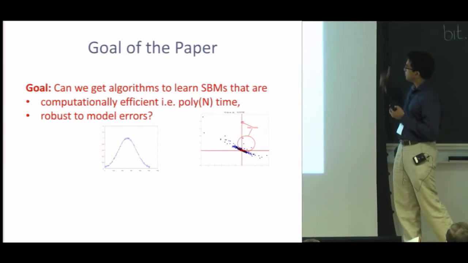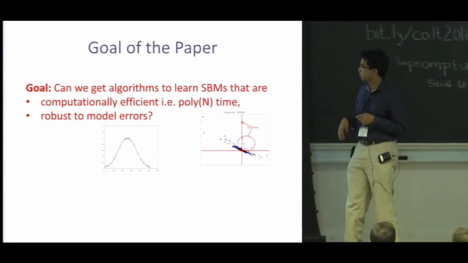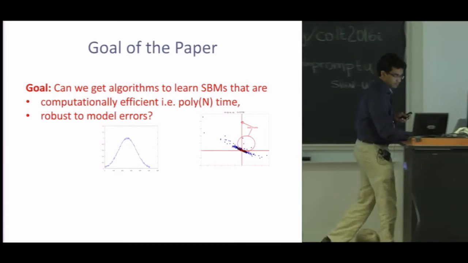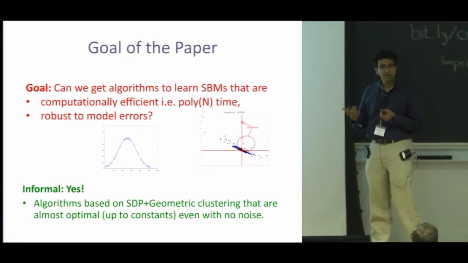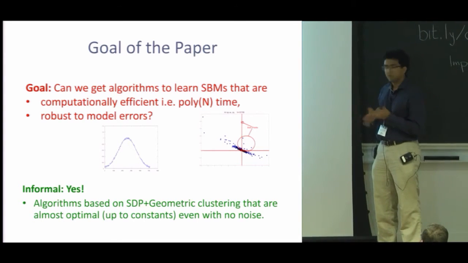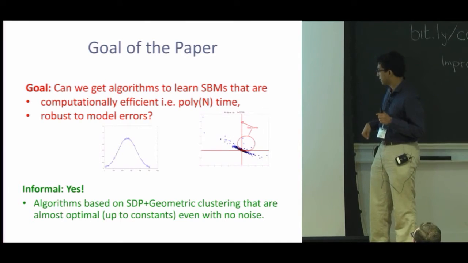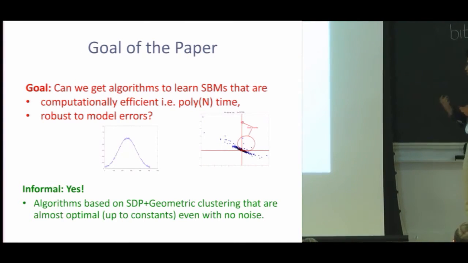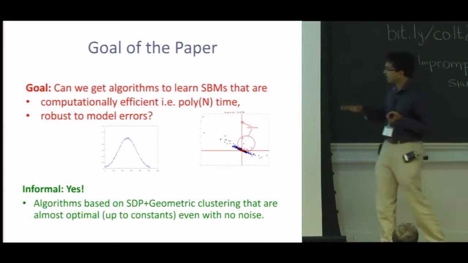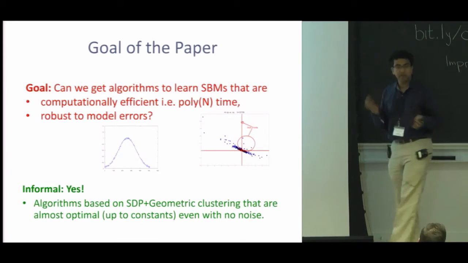Can we get algorithms for learning stochastic block models that are both computationally efficient and robust to modeling errors? In a nutshell, the answer is yes. We will design algorithms based on semi-definite programming plus some very simple geometric clustering of the vectors given by the semi-definite program, and we'll show that these algorithms will be robust to noise, and they'll also get essentially the optimal results up to constants even when there is no noise.